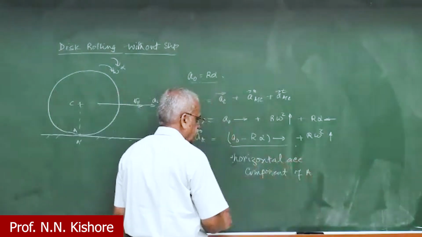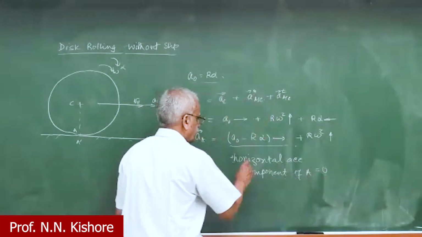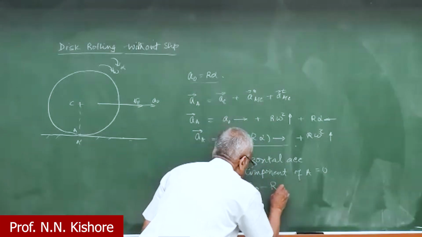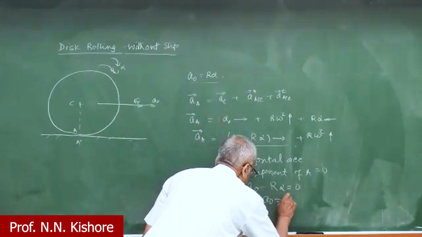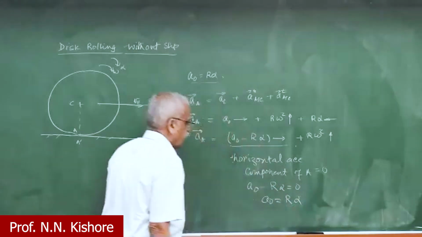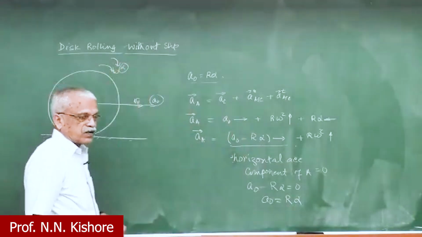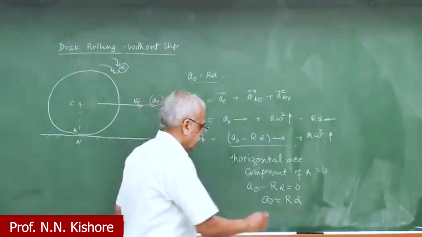Because there is no slip, this is going to be 0, and this is the relationship. So A naught is R alpha. So this A naught and this alpha are not independent, and they have to be related by this relationship.